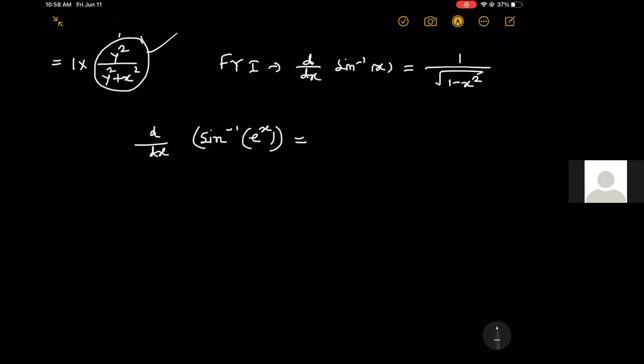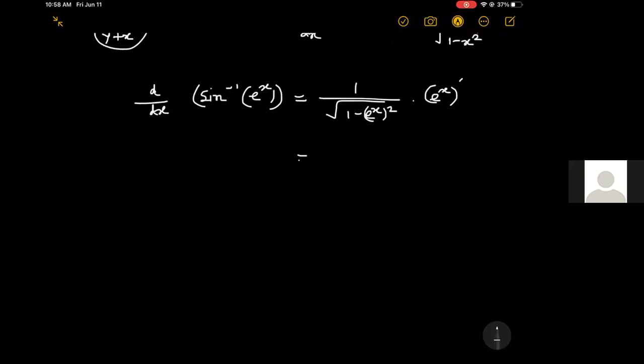What my group did is we just wrote 1 over the square root of 1 minus e to the x squared. Like this? Yes, and then multiplied it by the derivative of e to the x, which is just e to the x. Oh, very good. Yeah, very good. So your answer is absolutely right.